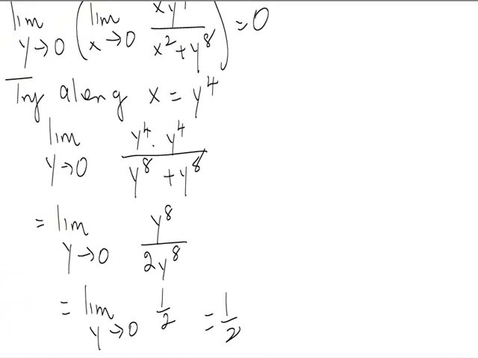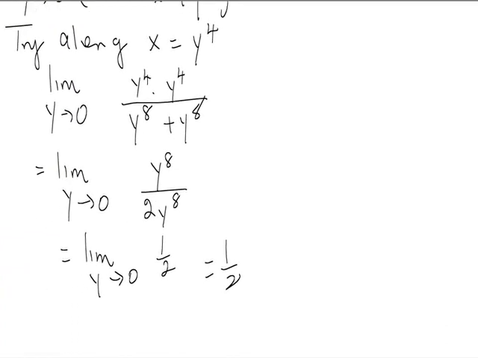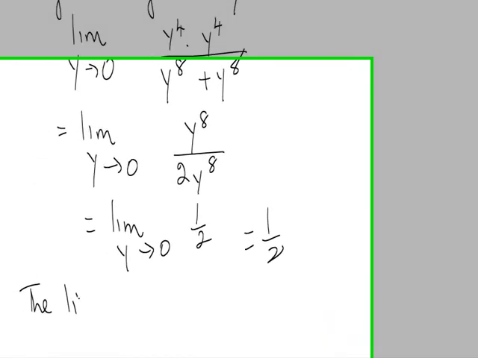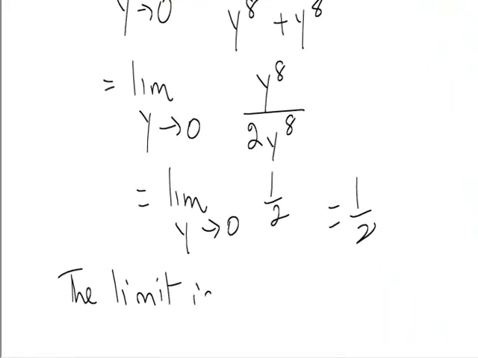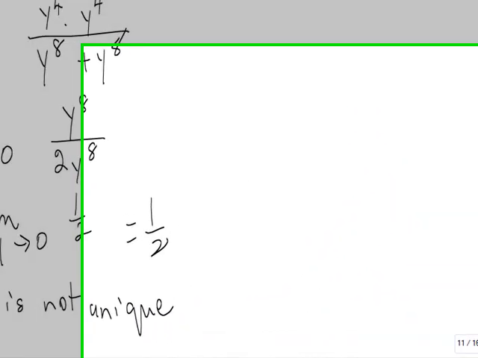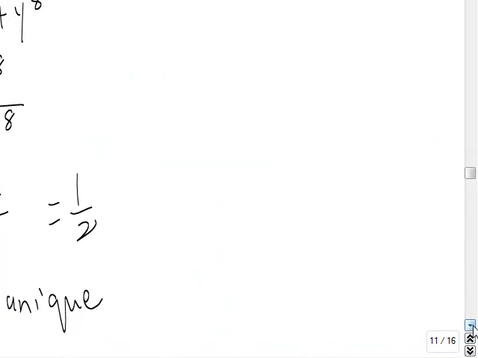The limit does not exist because 0 is not a half. The limit is not unique. So that's a procedure for showing that limits do not exist. Any questions?